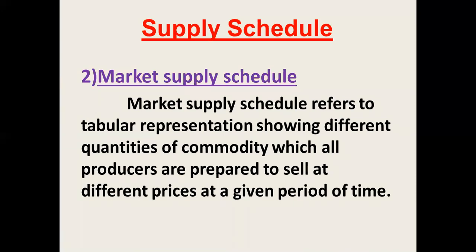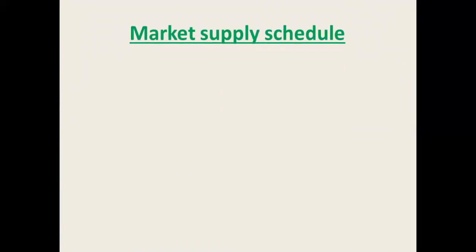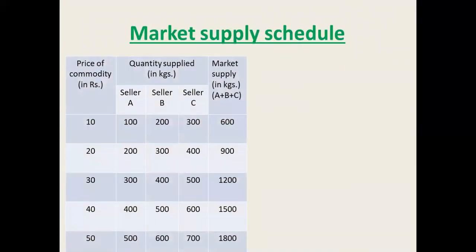If you see on your screen the individual supply schedules and the market supply schedule, that schedule explains the three sellers, and the price is different at each level. See, the market supply is obtained by adding the supply of sellers A, B, and C at different prices.